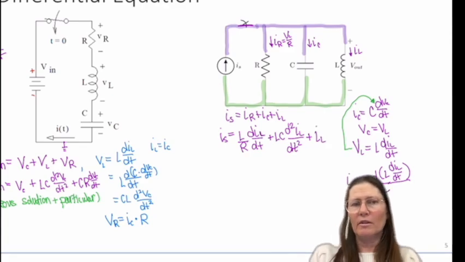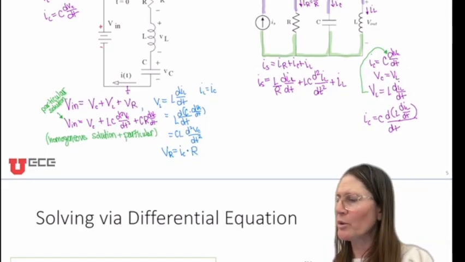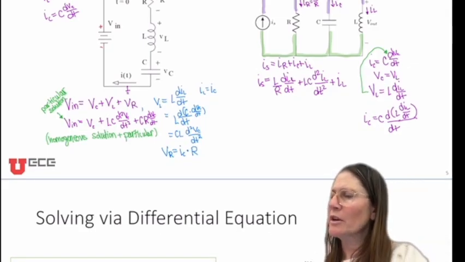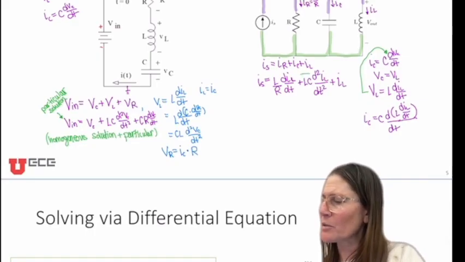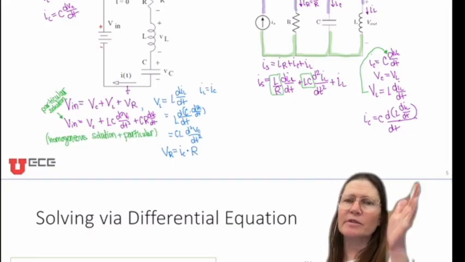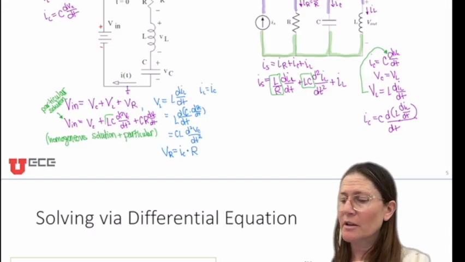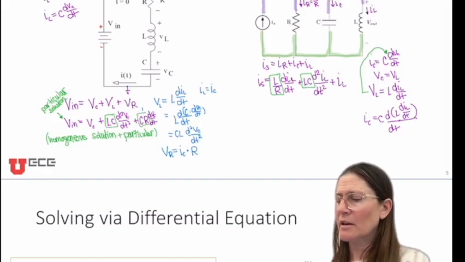So you can see the similarities here. You have a second order, and then in front of the second order we have a value, and then in front of just the dIL/dt, we have L over R. And again, we have LC here and RC.